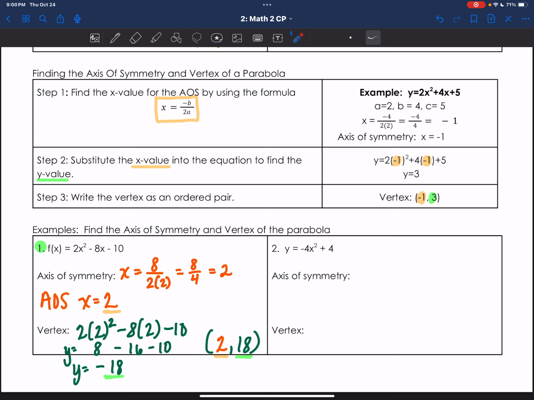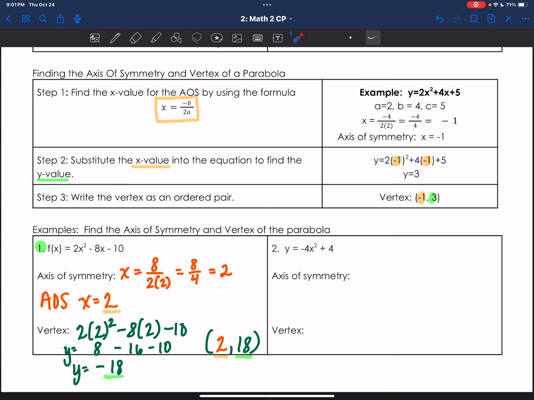So in your example, you have this. You should know a is the coefficient of x squared, b is the coefficient of x, and c is the constant. All you're going to do is take your b value, make it negative, and put that over 2 times your a. In this case, it'd be -1, so your axis of symmetry is at -1.